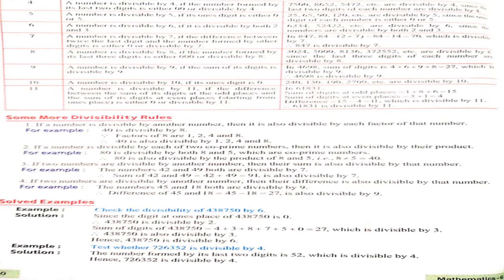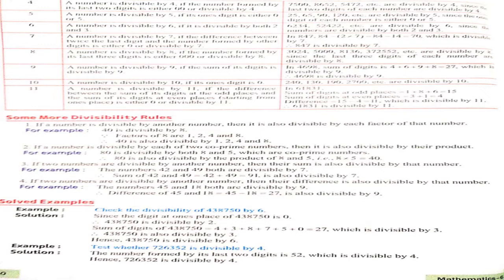Now some more divisibility rules. First, if a number is divisible by another number, then it is also divisible by each factor of that number. For example, 40 is divisible by 8. The factors of 8 are 1, 2, 4 and 8. So 40 is also divisible by 1, 2, 4 and 8.